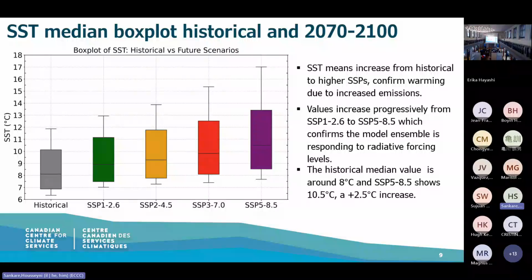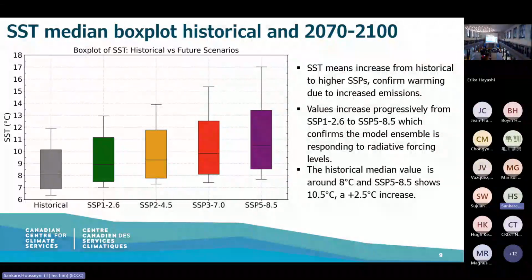And the bar for SSP5-8.5 here is the largest compared to the historical, indicating greater variability and spread under higher scenarios. There is a clear progression in SST mean value from the low scenario to the higher scenario, reflecting the model's sensitivity to increasing radiative forcing.